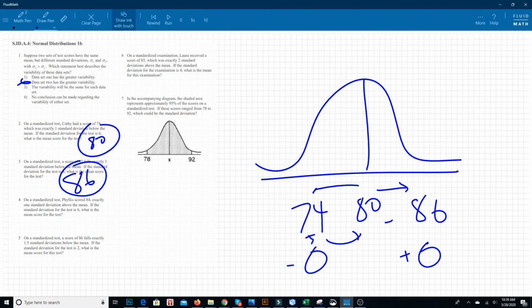If the standard deviation for the test is 6, what is the mean for the test? So she scored an 84, exactly one standard deviation below. So the mean for the test was 90. 84 plus 6.